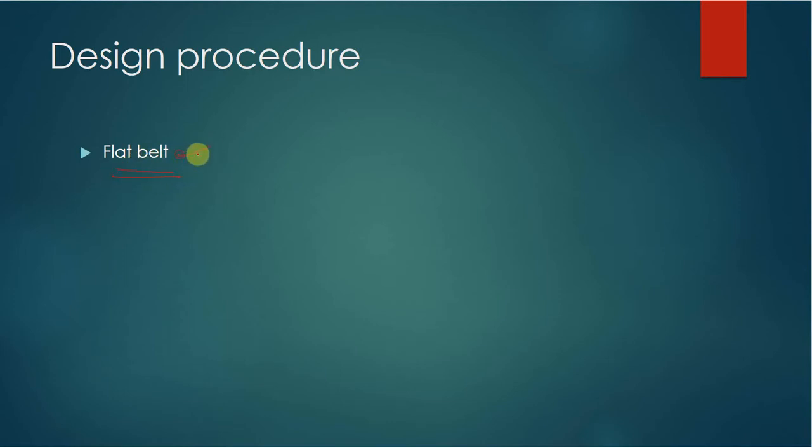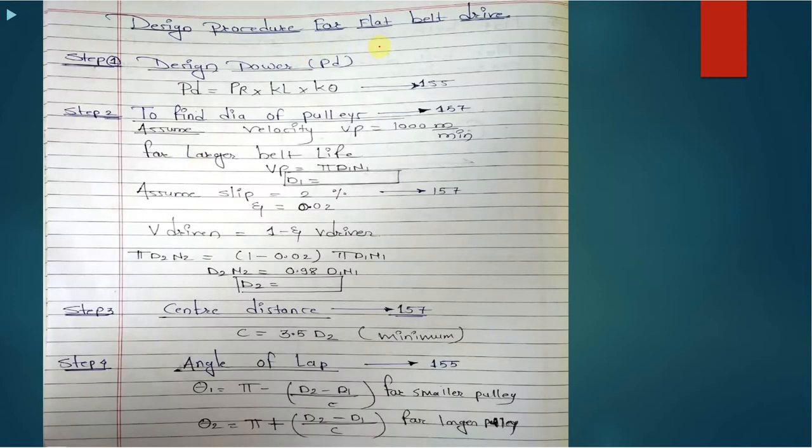Now the design procedure for flat belt drive. Step number 1 is design power equal to PD, page number 155. Don't remember this formula, it is given in the data book by BD Shiwalkar. Step number 2, to find the diameter of pulleys, page number 157.